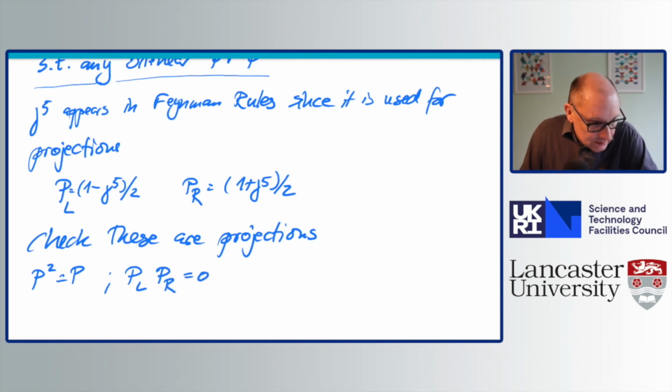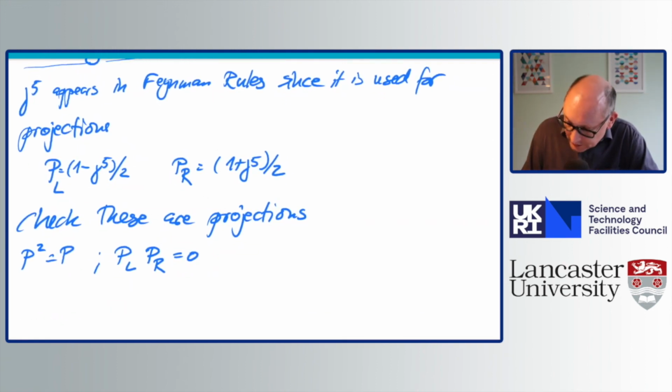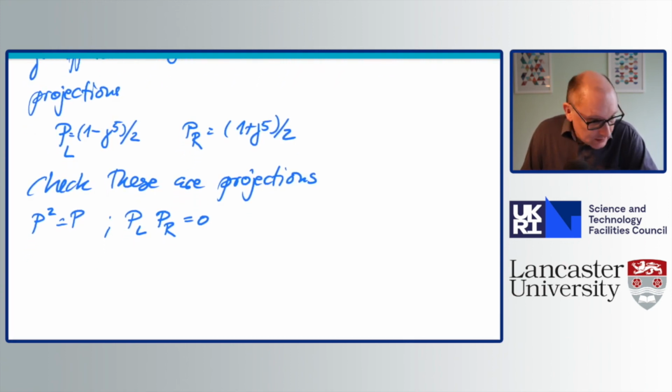Now when these projection operators act upon a Dirac spinor, they project out either the component with left-handed chirality, that's PL, or right-handed chirality, PR. These projections appear whenever we consider interactions that know left from right. So for example, every time we have anything with the weak interactions with the W bosons, then since they only couple to the left-handed particles, there will always be a PL projection. And that's one of the reasons why gamma 5 appears so frequently in the Feynman rules.